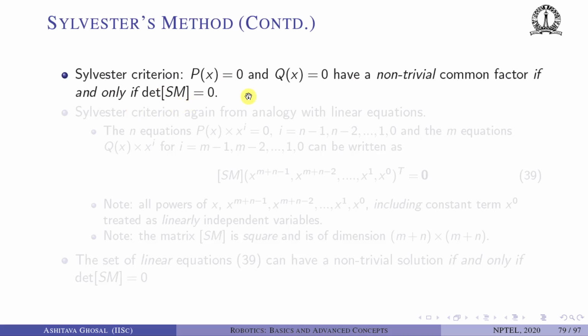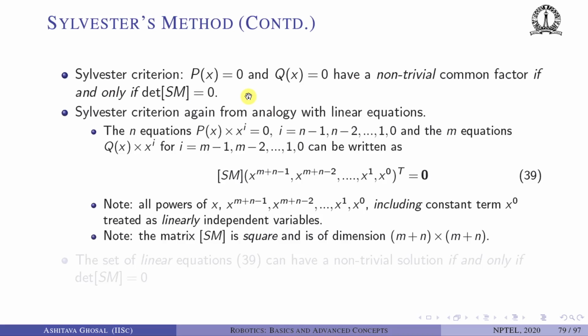So what is the analogy? This is basically an analogy from linear equations. Sylvester followed this idea of what happens when we have a linear equation, and then he extended it to nonlinear equations, except that the column vector of unknowns are not really independent. They are x cube, x square, x to the power 1, 0 and so on.